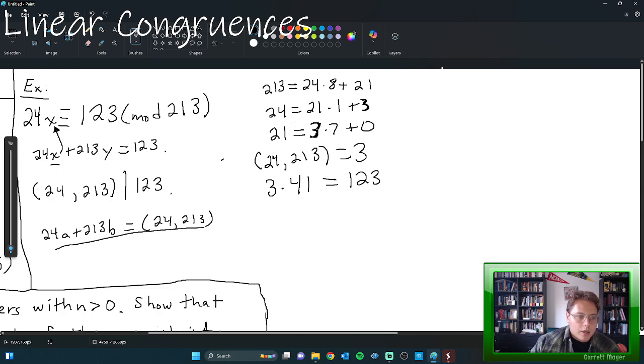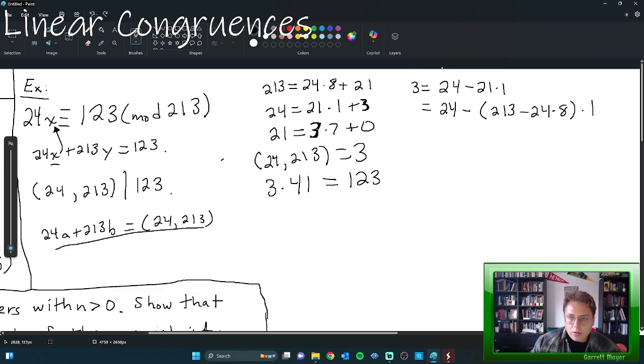Starting with 3 equals 24 minus 21 times 1, and then backing up even further, that equals 24 minus, and 21 is just 213 minus 24 times 8, so 213 minus 24 times 8, not 0.8, sorry, times 1.